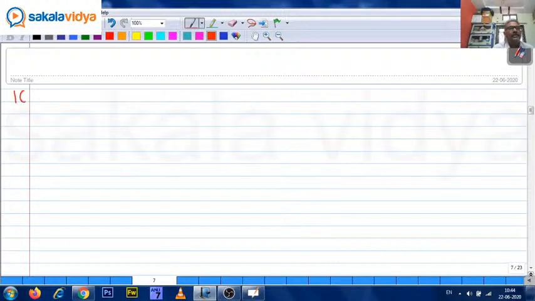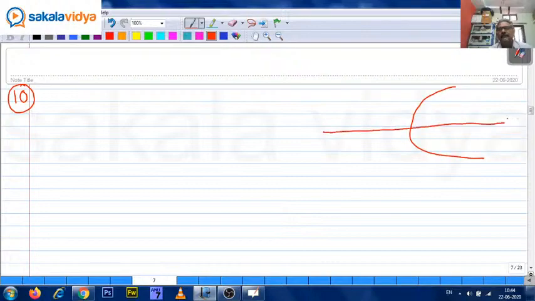Next, the tenth point is a very important point. Now take the standard parabola. This is the axis. Say vertex A, focus S, and any point P. This is (a, 0), and this is P(x1, y1).